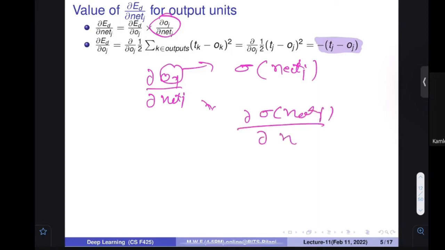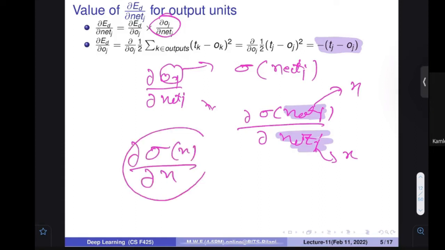Many times, when you were in class 12, you have seen that if the same thing is here and there, then sometimes you can replace it with any other value, and you can solve the derivative in this way. You can find del upon del x, and after you get the answer in x, you replace net j into this particular value. Make sense? Yes or no?